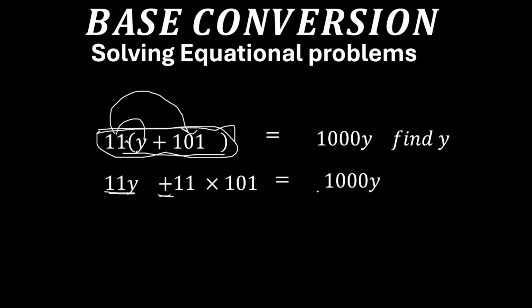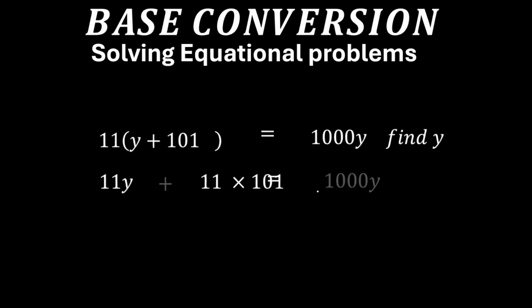So the equation has now become 11 multiplied by y, not base y, please. Watch very well, mathematician. Plus 11 multiplied by 101 equals 1000 multiplied by y. Okay, let's move on.